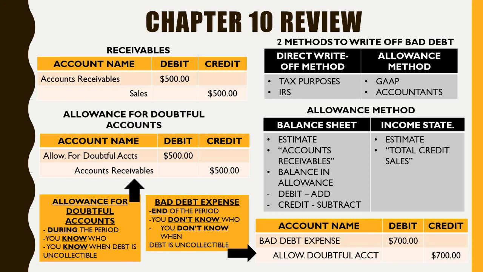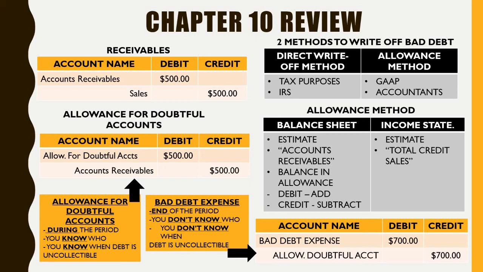So here's the chapter 10.1 review. Once again, we took a look at what happens when you allow your customers to owe you money on an account. During the period, when a customer tells you they can't pay you back the amount they owe, that's where you create your allowance for doubtful accounts. You need to have this account before you can even do your bad debt expense.